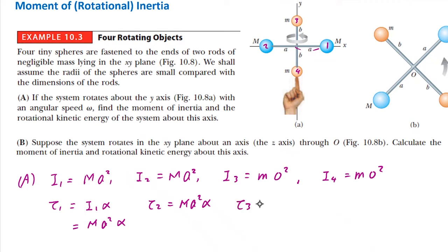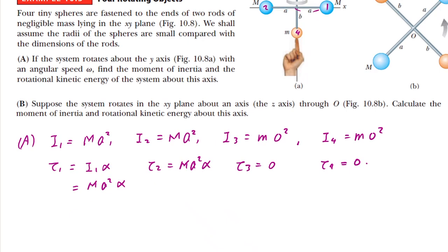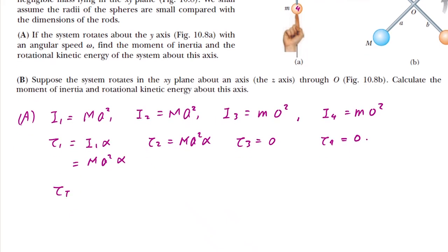And tau 3 is 0, and tau 4 is equal to 0, correct? Then the total torque is just tau 1 plus tau 2 plus tau 3 plus tau 4, right? Does that seem natural to you? Now, alpha is a common factor, so you have I1 plus I2 plus I3 plus I4, times alpha, isn't it? You see why they have to add?